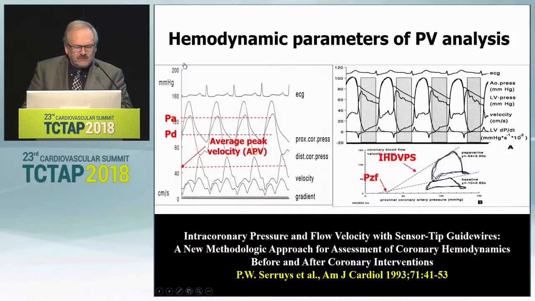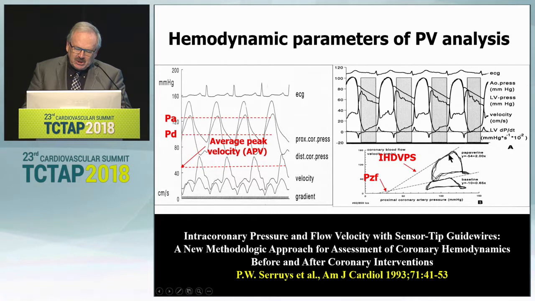So after that, we had in the lab already at that time in 93, I published that in 93, Pa, Pd, the average peak velocity, and in the lab we had the instantaneous gradient. So you could see here the left ventricular pressure, the dP/dt, the velocity. We had something which was already the instantaneous pressure gradient.